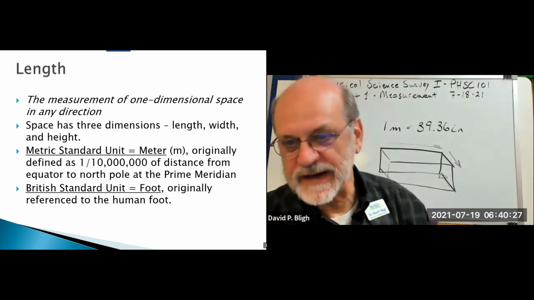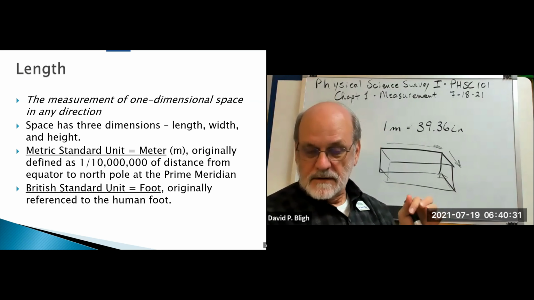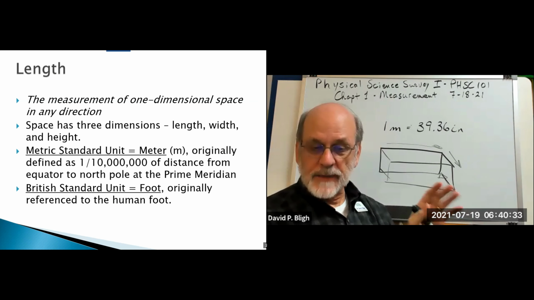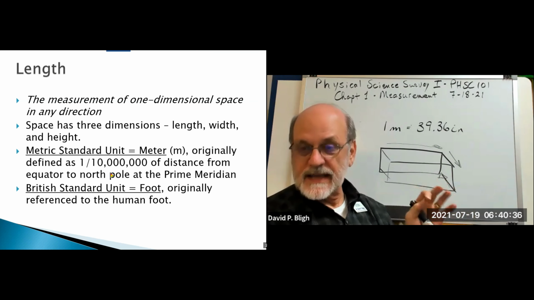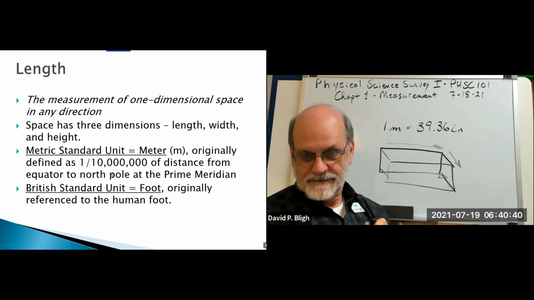We'll talk about the prime meridian. But anyway, that distance between the equator and the North Pole subdivided into a 10 millionth of that distance was taken to be the meter, right?